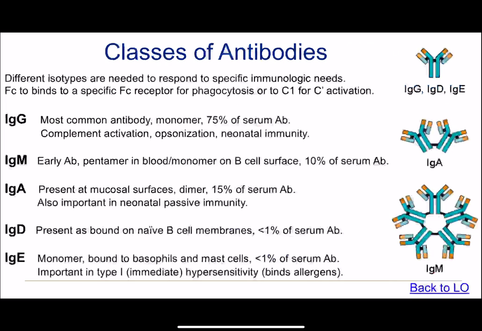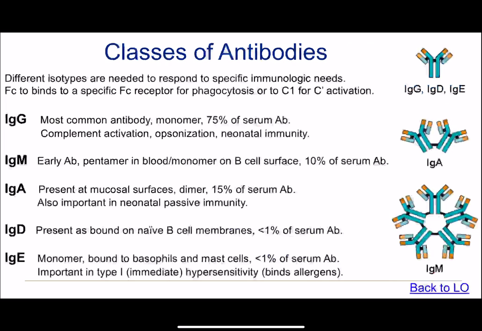But the antibodies are still proteins, and so they can still be digested and used as energy for the baby. So breastfeeding immunologically becomes less and less important after 6 months of age, but it's still really good nutrition after that.